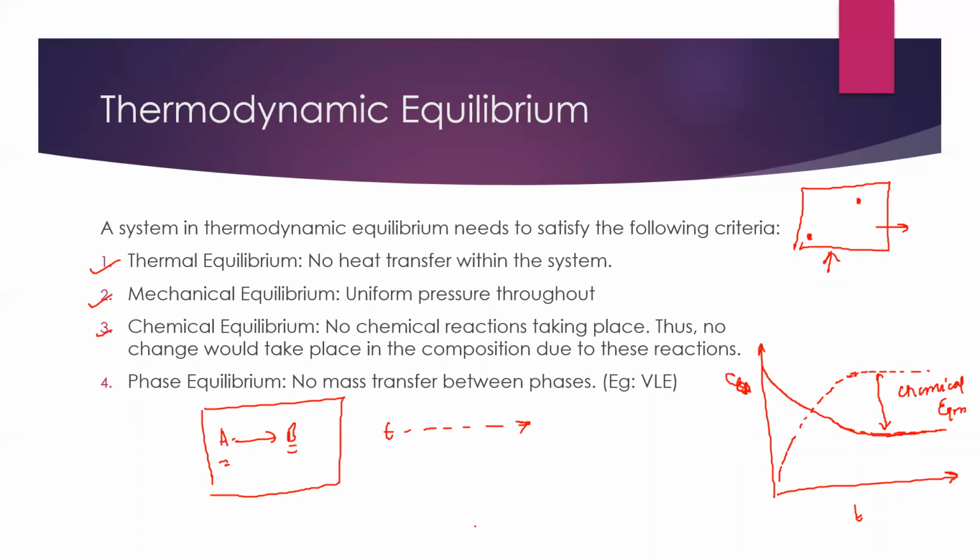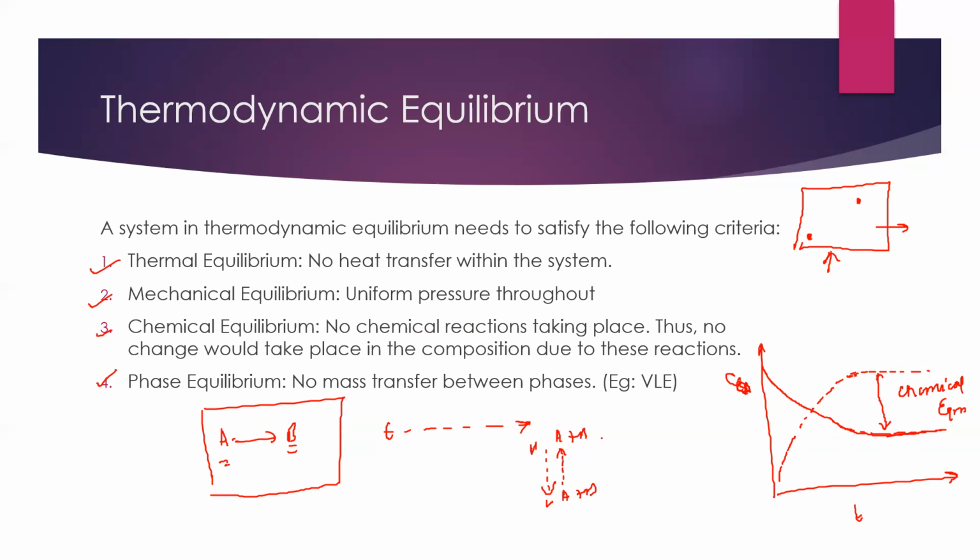And finally, it should be phase equilibrium. That means no mass transfer should take place between phases. So that's when again we come to vapor liquid equilibrium. So let's say we have A plus B in the vapor phase and A plus B in the liquid phase. So no A from its liquid phase should be transferred to vapor phase. And similarly, no A should be transferred from vapor to liquid.